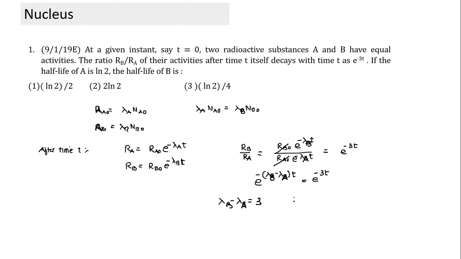This equation becomes log 2 by TB minus log 2 by TA equal to 3. The half-life of A is given as 2, so you get the answer. Log 2 by TB is equal to 4. Yeah, that's your answer.